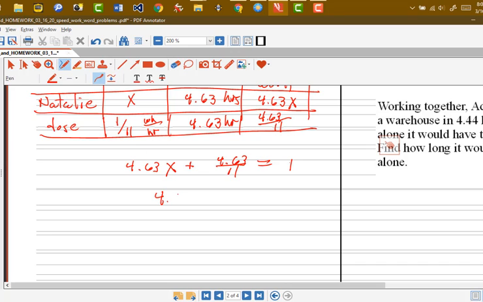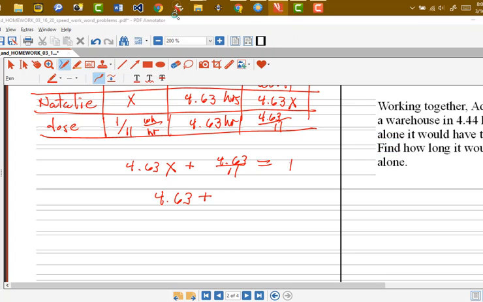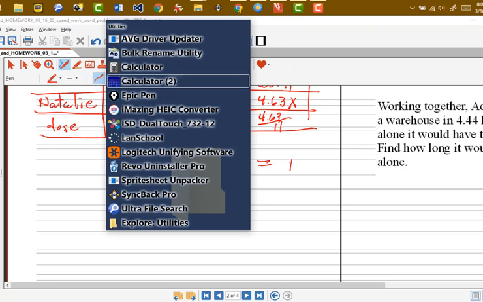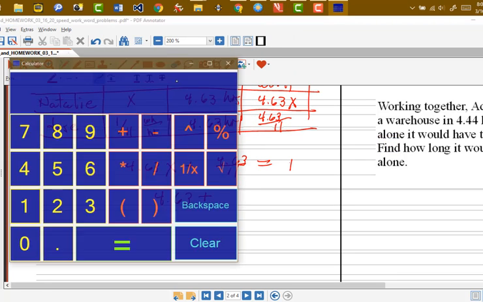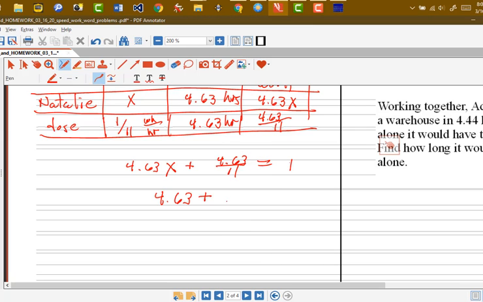All right. So that means I have my equation now, and I'm going to solve for x. So I get 4.63x plus, and then let me go to my calculator to see what 4.63 divided by 11 is. So 4.63 divided by 11 is equal to 0.421. I'm going to round to the nearest thousandth.